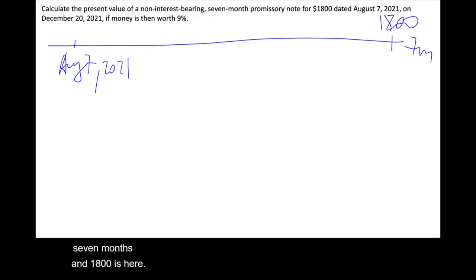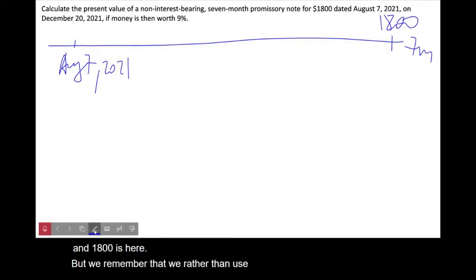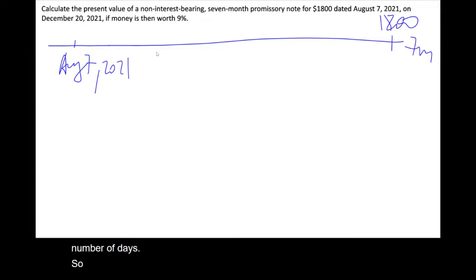But we remember that rather than use number of months, we will use number of days. So I have to jump from sevens to sevens 7 times to find maturity date.